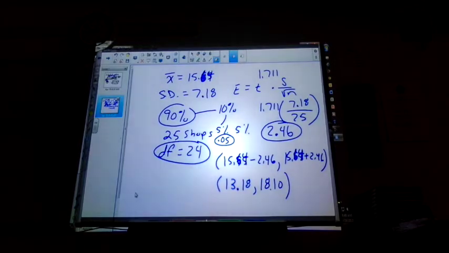After 30, it's up to you if you're going to use this table. If you have more than 30 pieces of data, I would use Z rather than that. You can actually use Z right here because the Z down here does take place. You're like, okay, I'm not worried about how many degrees of freedom I am, so I'm just going to use my Z score at the very bottom, and then your confidence interval could take place very easily. That's the bottom row before it gets to 50%, 60%, 70%. Does that make sense?